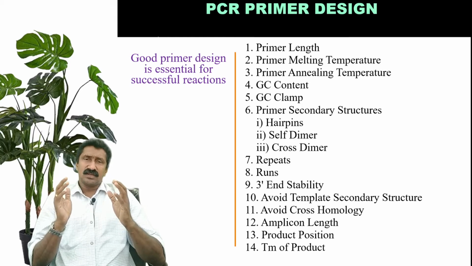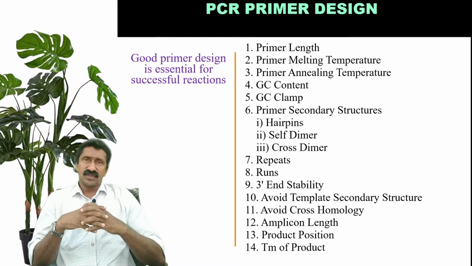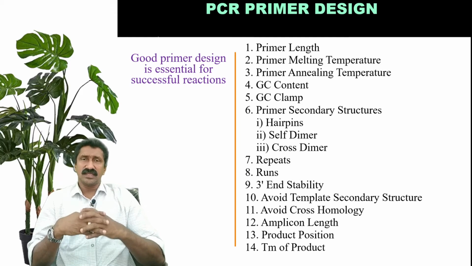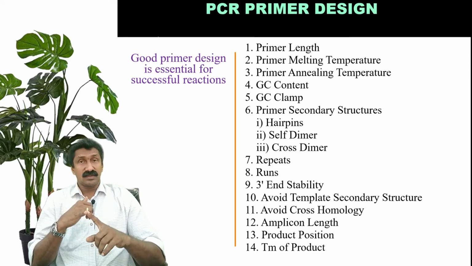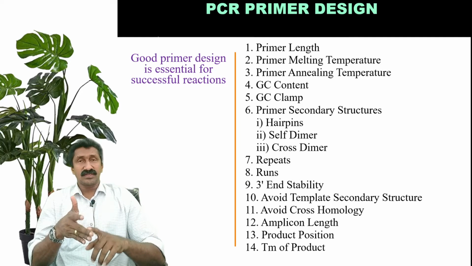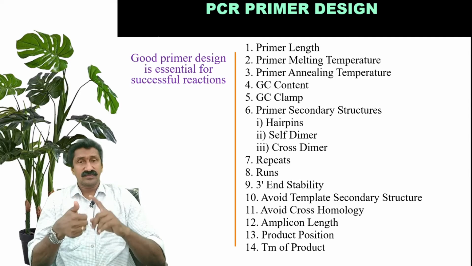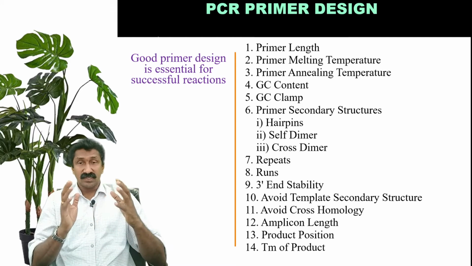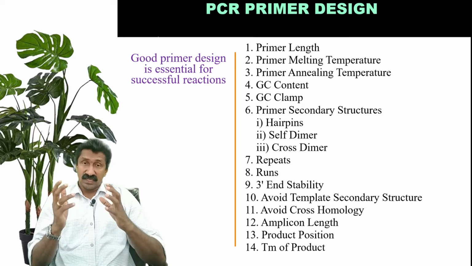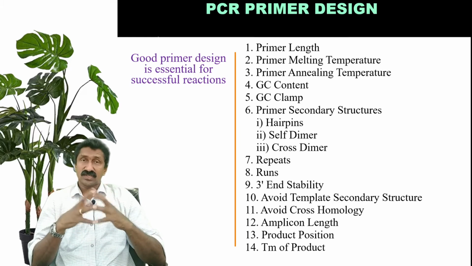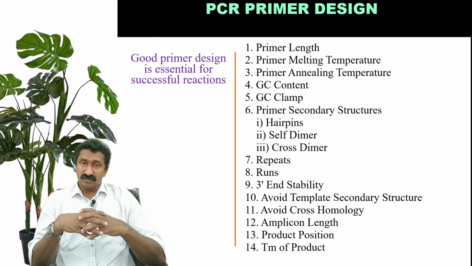There are various factors that we need to consider while designing a good primer. Here is a list of factors that need to be considered. Primer length is one significant factor. Then primer melting temperature, primer annealing temperature, GC content of the primer, GC clamps, then primer secondary structures like hairpins, self-dimers, cross-dimers, etc. Repeats, then runs, 3' end stability of the primer.